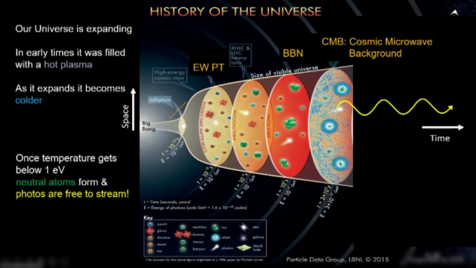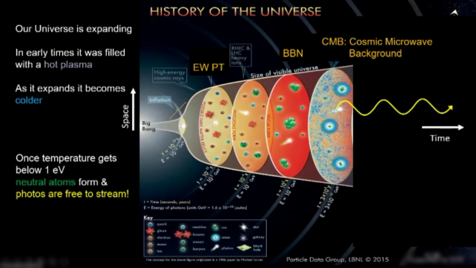The story keeps going, and we come to 300,000 years after the Big Bang. At that point, the temperature has cooled down to 1 electron volt ballpark. Electron volt is the binding energy of electrons in atoms. So at that point, the binding of electrons was possible, and atoms got formed. So 300,000 years after the Big Bang, all of a sudden something very important happened.